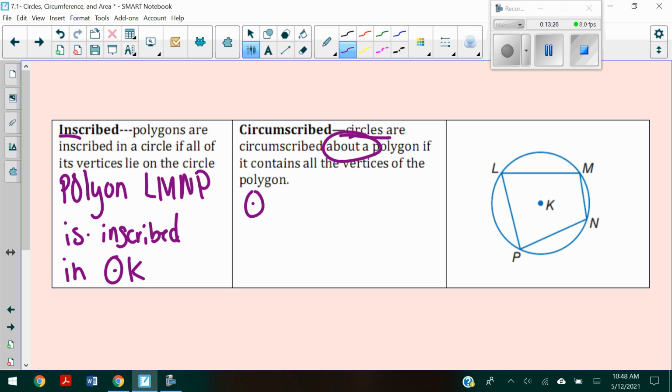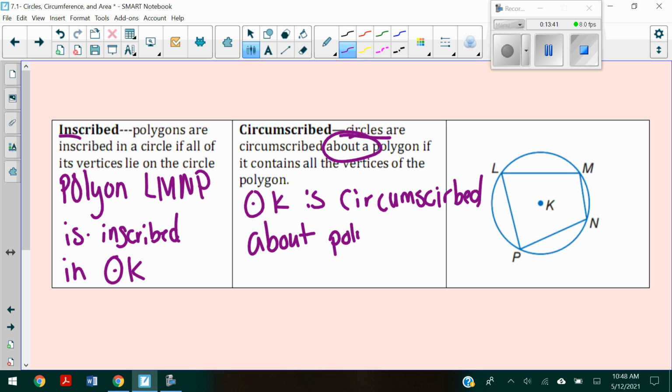So we would say circle K is circumscribed about or around polygon LMNP. So the circle is circumscribed and the polygon is inscribed.